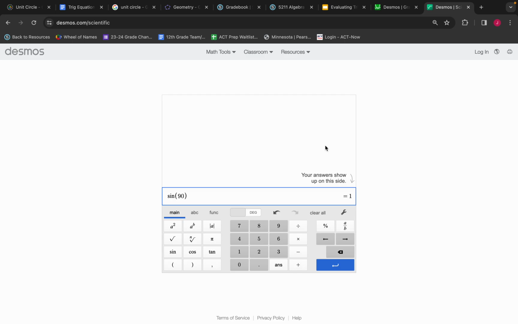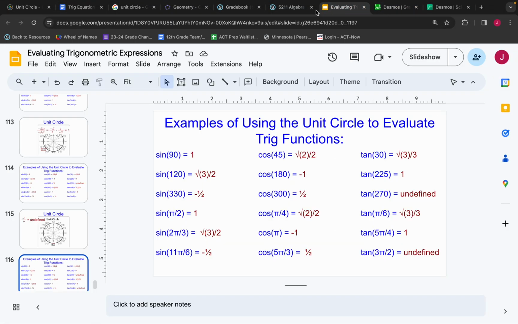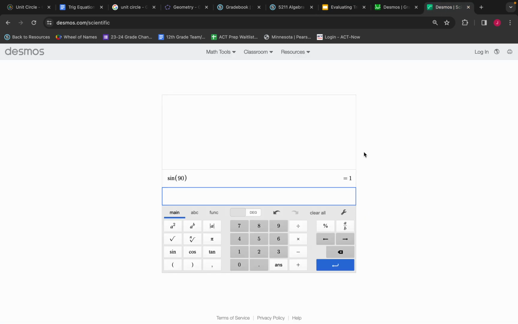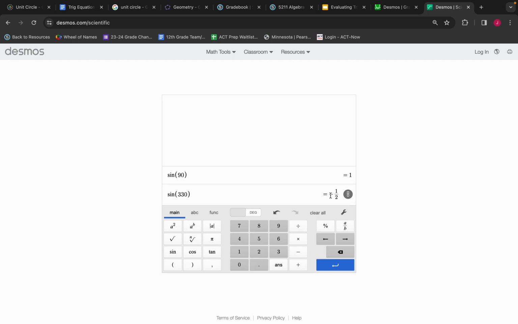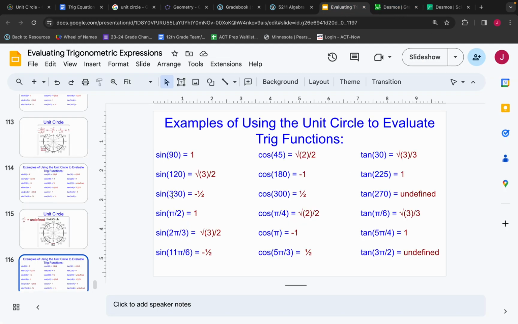That's really nice when they work out to be nice values. Like we can do the sine of 330. We get negative 0.5 or negative 1/2. Here, we can even turn it into a fraction if we want to. Negative 1/2. And that's what the sine of 330 should equal.